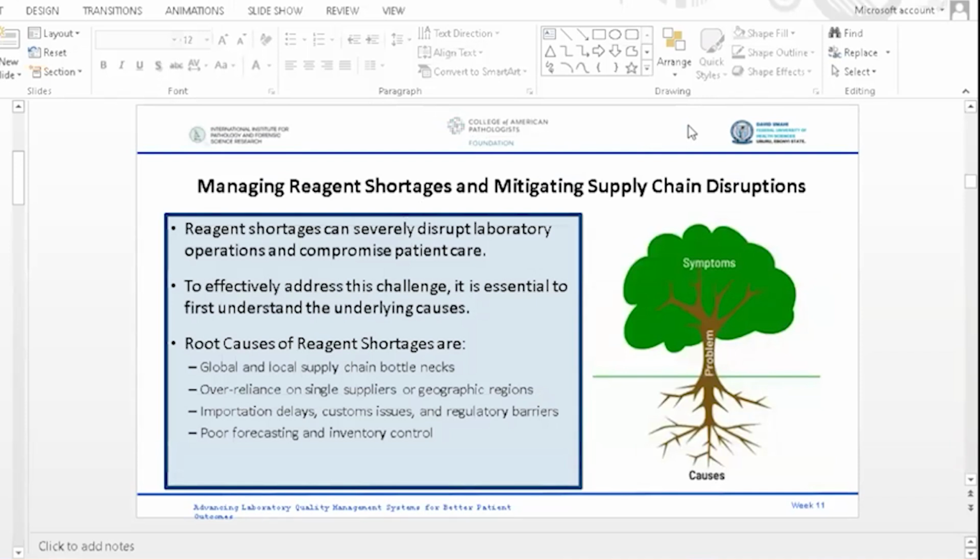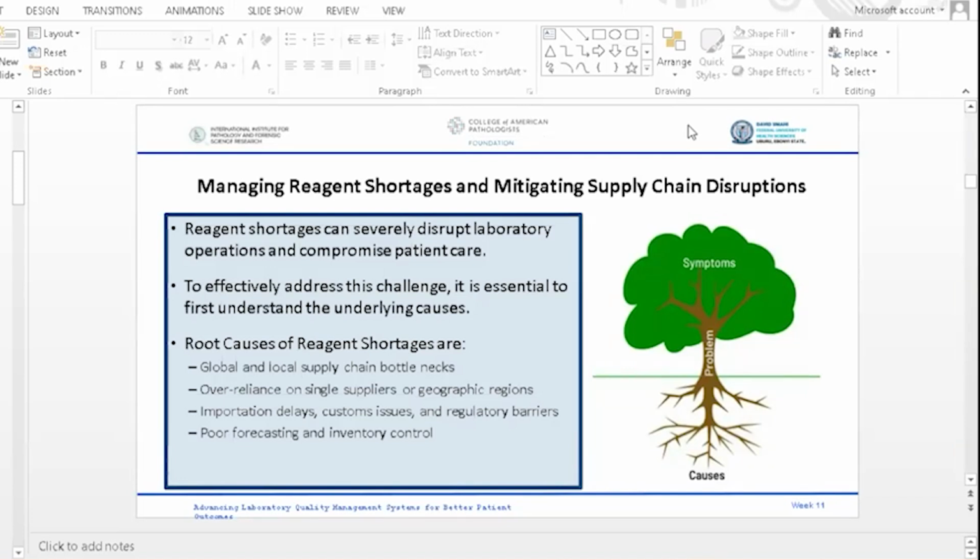Management of reagent shortages and mitigating supply chain disruptions. It is important that laboratories don't run short of reagents, because when laboratories run short of reagents, it disrupts the activities of the lab and compromises quality and patient care. To effectively address this challenge, it is very important to understand the underlying causes, the things that can lead to reagent shortages and supply chain disruptions.